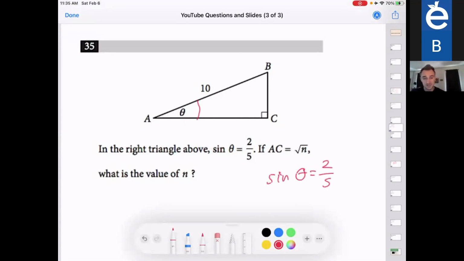Once again, sine gives us the opposite over the hypotenuse. So I'm going to call these sides x, y, and z. Z equals 10, we have that value. We don't have a value for x, we don't have a value for y. But they tell us that sine of theta is equal to 2 over 5.